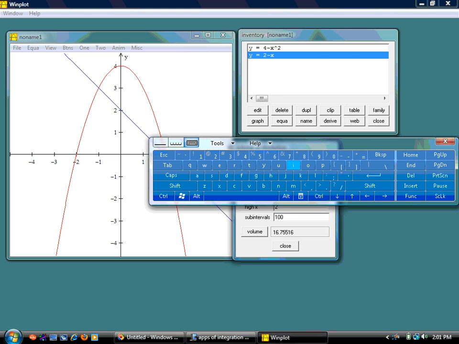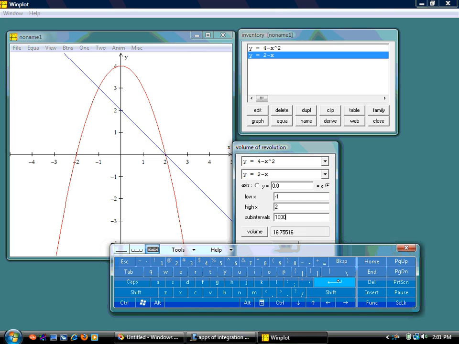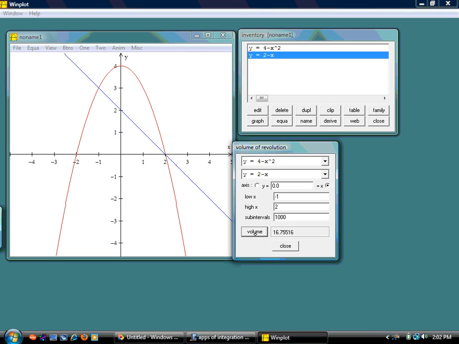But it shouldn't, because it's doing it for us. Well, I can get it to integrate it, no problem.